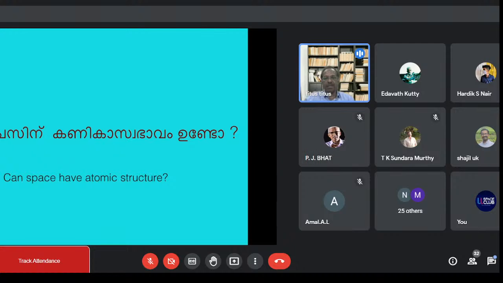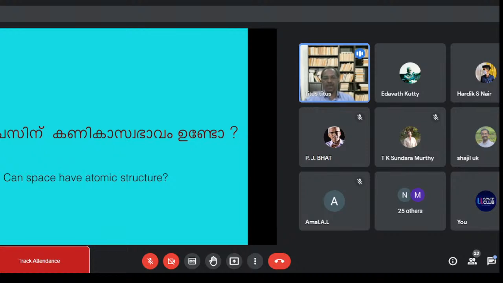I'm concerned about the very element called space-time, the arena of the dynamics of all material bodies, right? Can space-time have an atomic structure? In a more general sense, this question is equivalent to asking whether space-time has the capacity to carry heat just like matter.